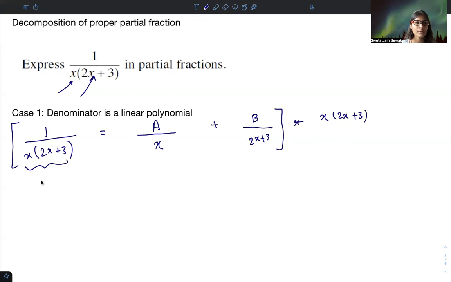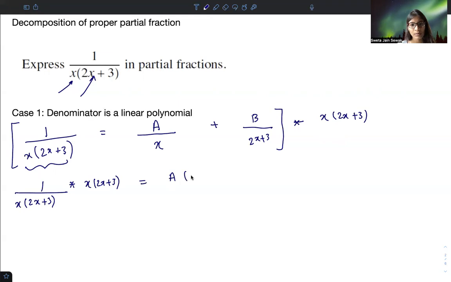If I multiply the left-hand side, 1 over x times 2x plus 3, with x times 2x plus 3, I'm just doing the first one elaborately so that you clearly understand what's happening here.